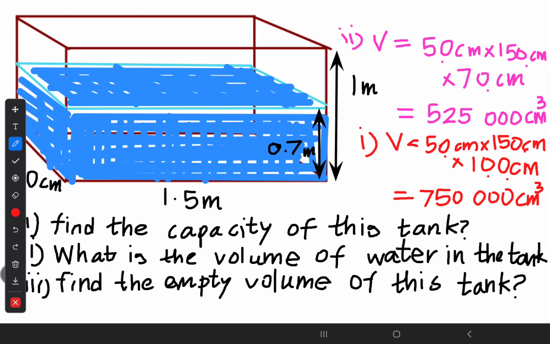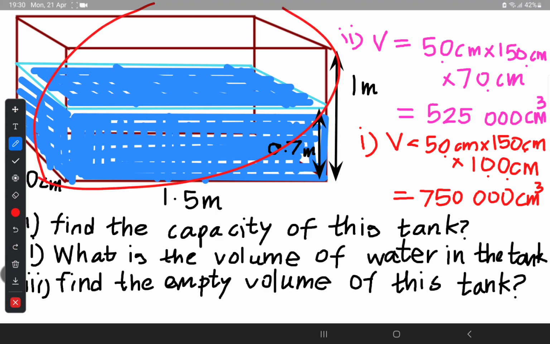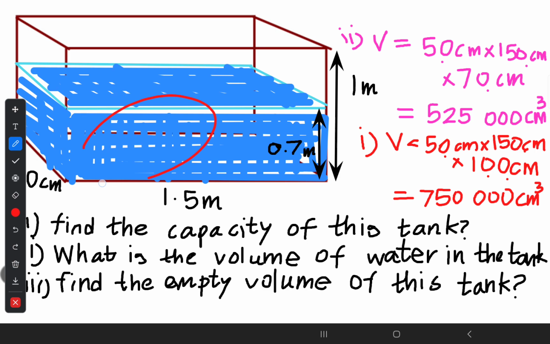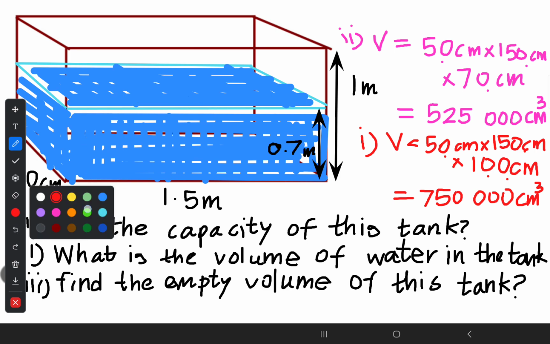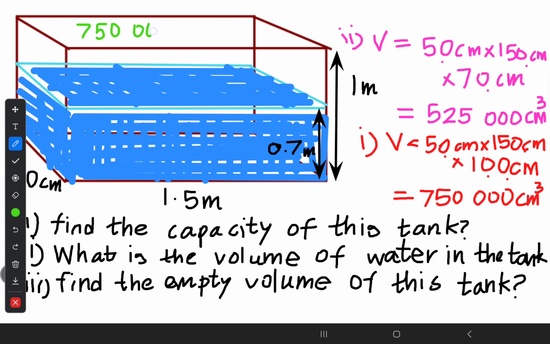From the capacity, from the total, when you subtract the amount of water in it, we will have the volume of empty void space. We will find that. From the total 750,000 cubic centimeters, I will subtract 525,000 cubic centimeters.